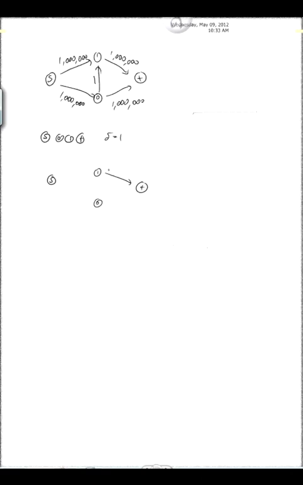Here I'd have a capacity of 999,999 and 1 in the reverse direction. This edge would get reversed to 1. Here we'd have 999,999 and 1 in the reverse direction. And then these two edges would be the edges we didn't touch.